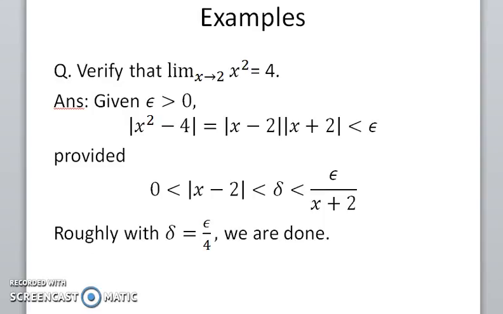Can we think about it for a moment? So hopefully you have thought and are sure about why we were done. If mod of x minus 2 is less than delta, that means x lies between 2 minus delta and 2 plus delta. In other words, x plus 2 lies between 4 minus delta and 4 plus delta.